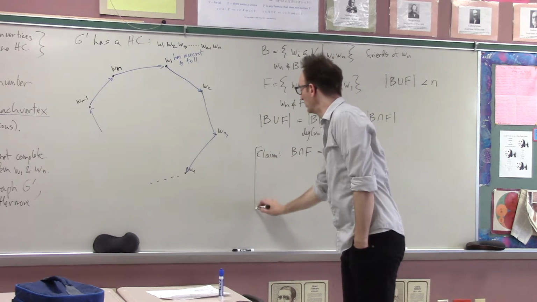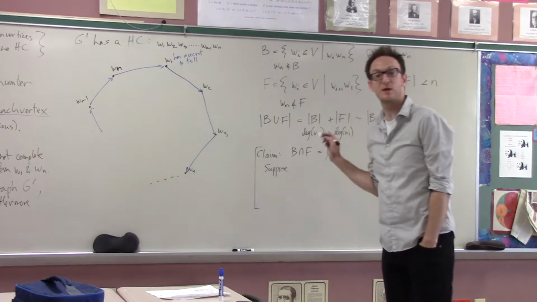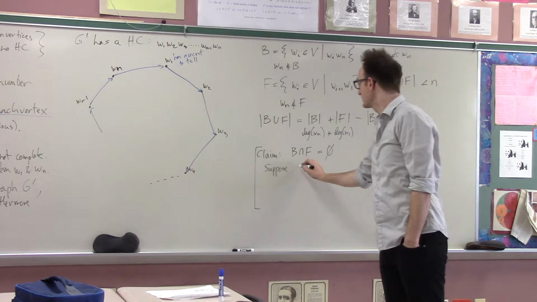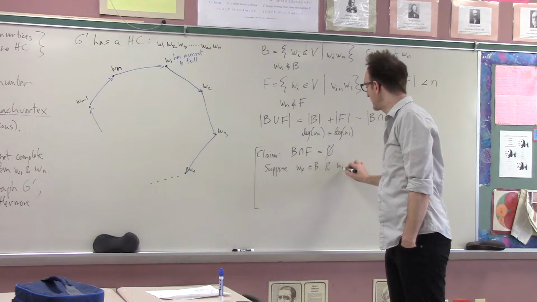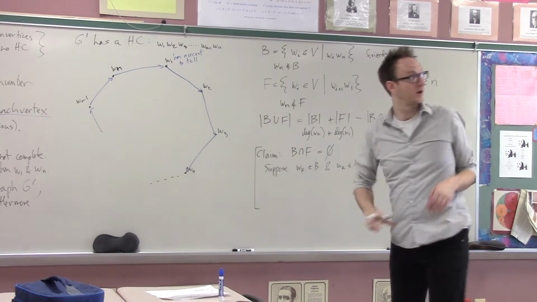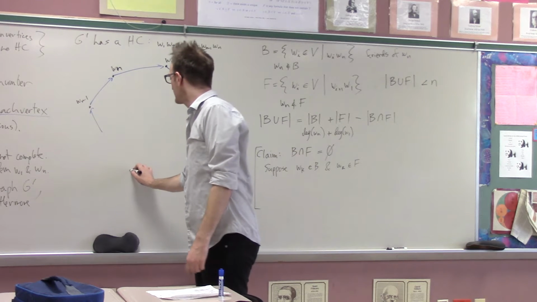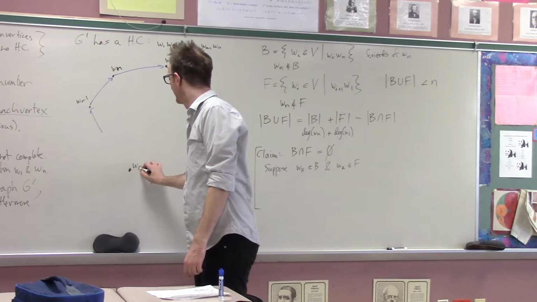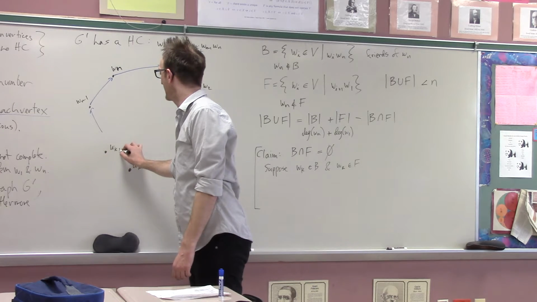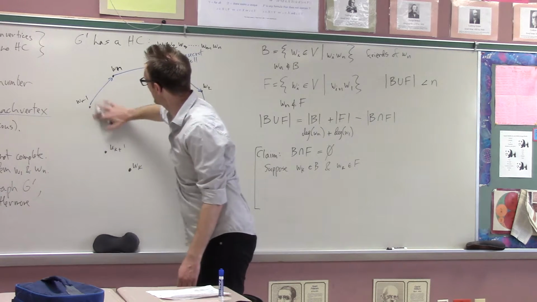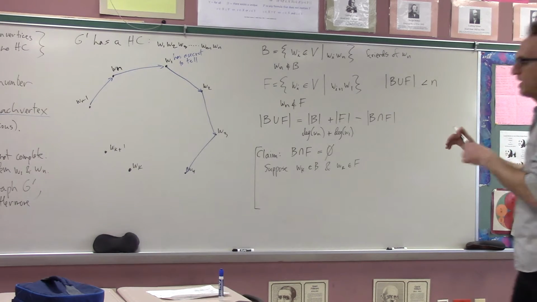Well, suppose that there was something which is in both B and F. So suppose Wk was in B and Wk was in F. So we have some vertex over here somewhere, Wk, and then there is the next guy, Wk plus 1. And this Wk is in F and is also in B.